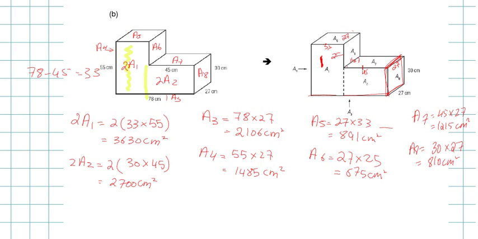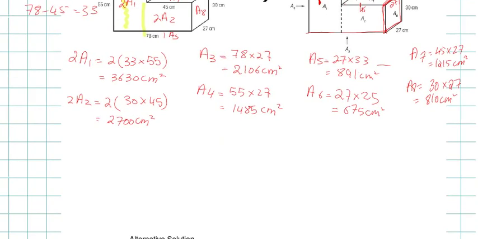Okay? You have to make sure that you find your area of all the sides, and then at the end you're going to add them all. Okay? So to find the surface area right here, this is not only hard because it's 3D, it's hard because it's a 3D composite. Okay? So that's why it's harder than the usual.